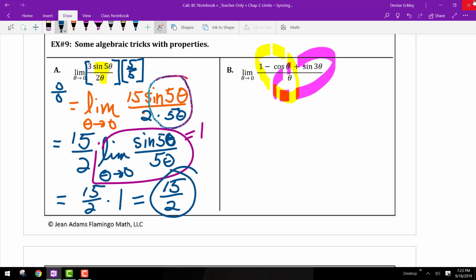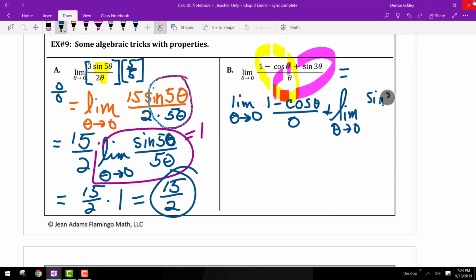So I'm going to use my sum property and write this as two separate limits: the limit as theta approaches 0 of 1 minus cosine theta over theta, plus the limit as theta approaches 0 of sine 3 theta over theta.